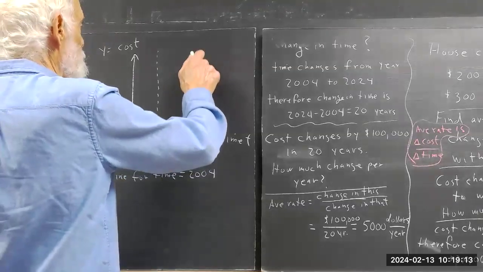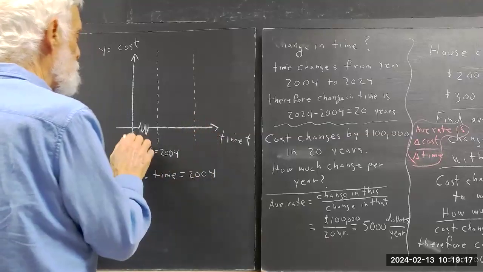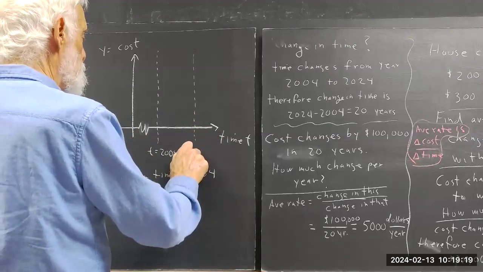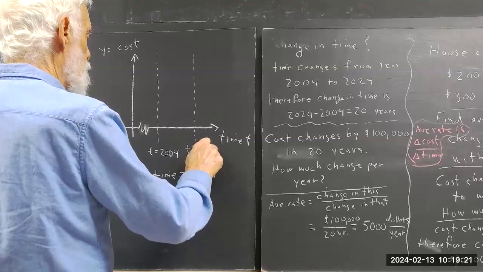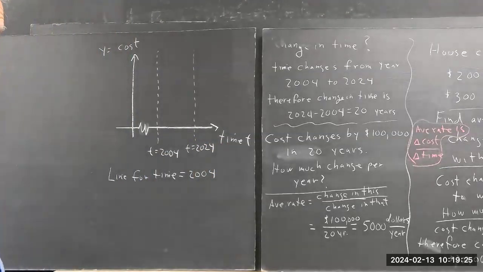Now, we can do another line. Whatever we want. We can make this break as big as we want. I'm going to put T equals 2024. Okay. Now, can you draw me a line?